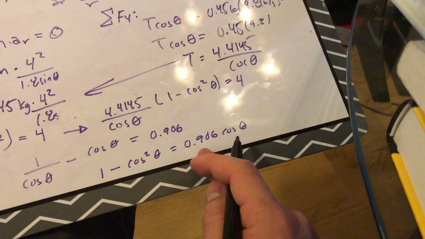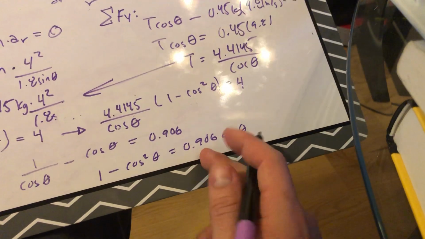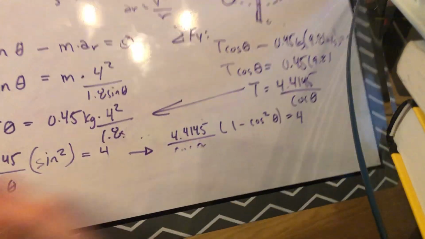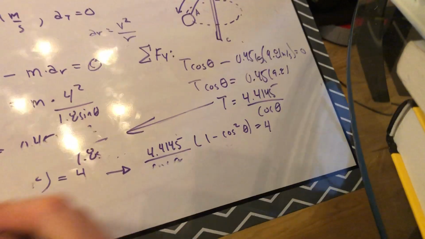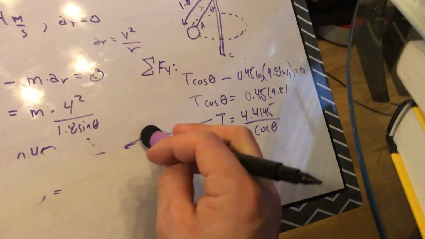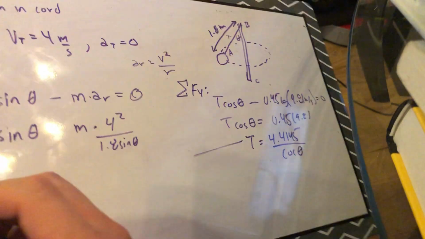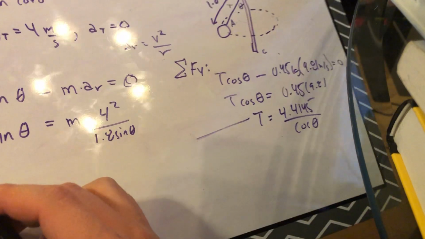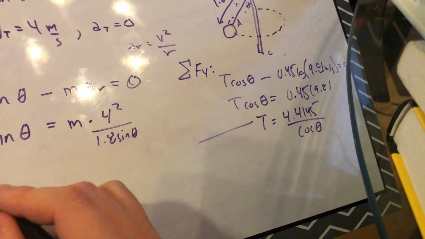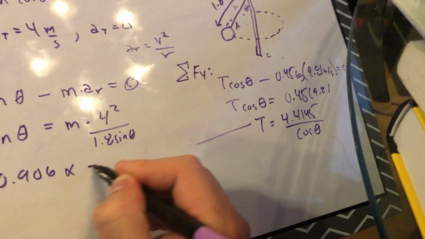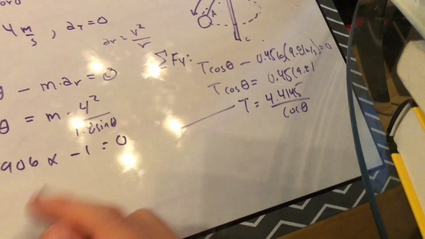That's pretty cool, because then we can essentially treat it like a quadratic. Quadratic for the win. We get x squared plus 0.906x minus 1 equals 0. We can solve that. That's great.